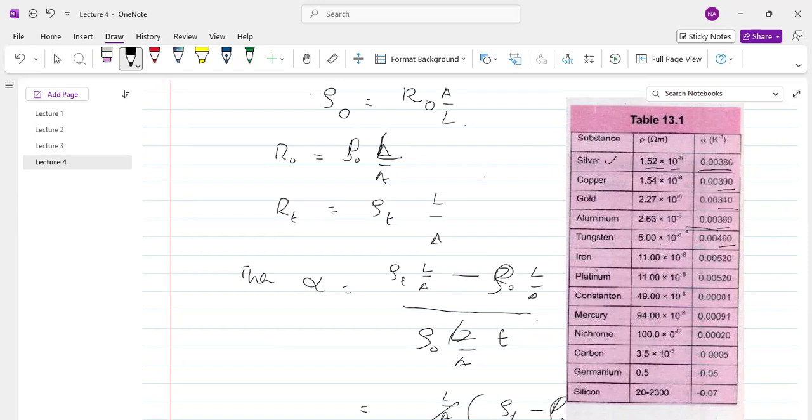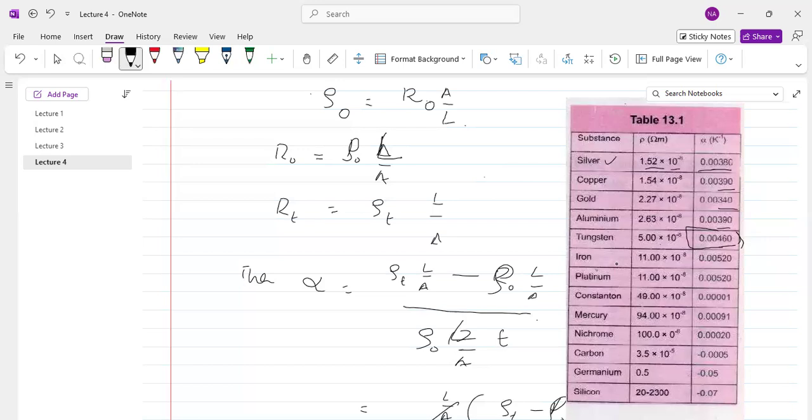What does this mean? There is a major difference. What does this difference mean? It means per degree Kelvin, per degree C increase in temperature increases the resistance of the tungsten by 0.00460 ohm. But in case of silver, it is increased by 0.00380, and so on, so forth.